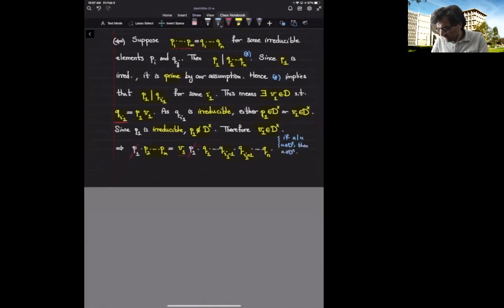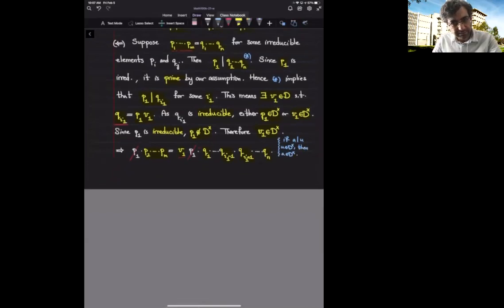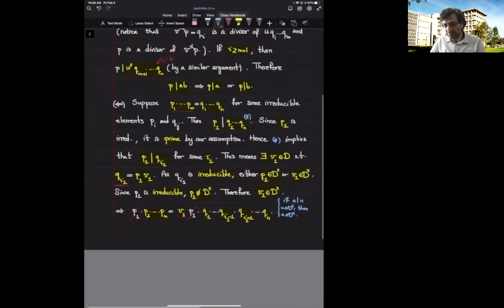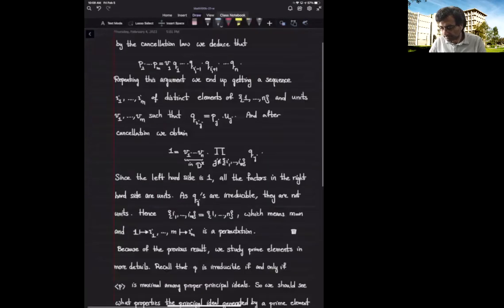Okay, so that means that P sub 2 cannot divide a unit. This means that I will be able to continue this argument and find a match for each one of the irreducible factors on the left-hand side in the right-hand side.